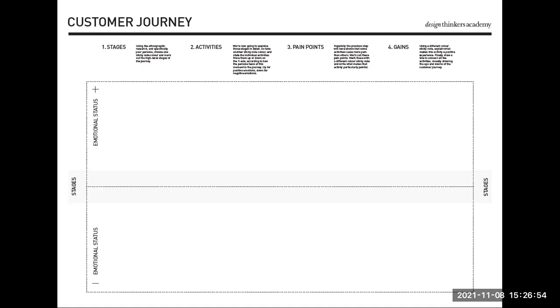You write the activity, you ask the respondent, or you ask John, what do you feel when you do that activity? And then you ask them, why do you feel that way? Okay. And that's all for the whole day.